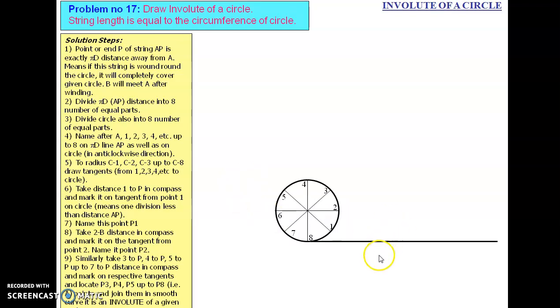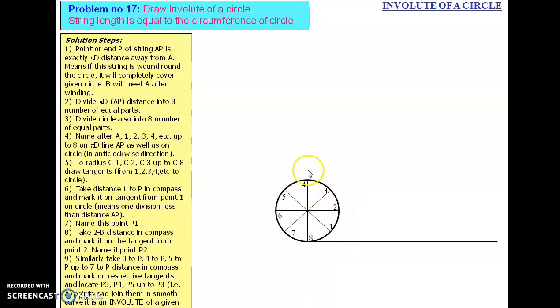Now from point 8 you draw a line perpendicular to this. This will be the string length, and that should be equal to the distance pi d from A. Pi d is 3.14 into the diameter of the circle.